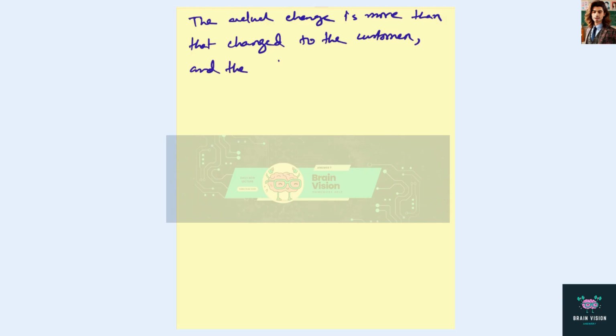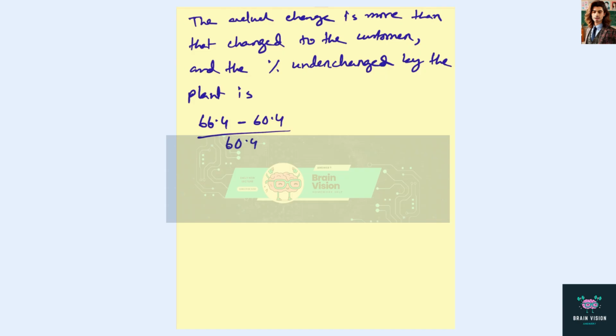And the percentage undercharged by the plant is 66.4 minus 60.4 divided by 60.4 multiplied by 100%, which gives us 9.9%. Therefore, the customer is charged 9.9% less than the actual charge.